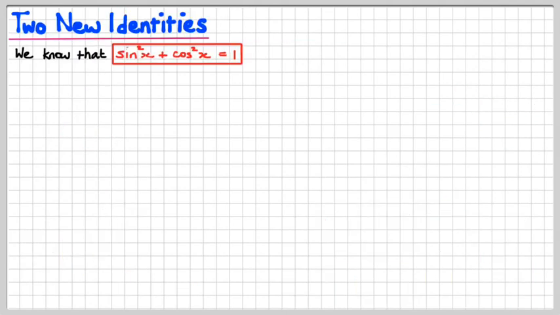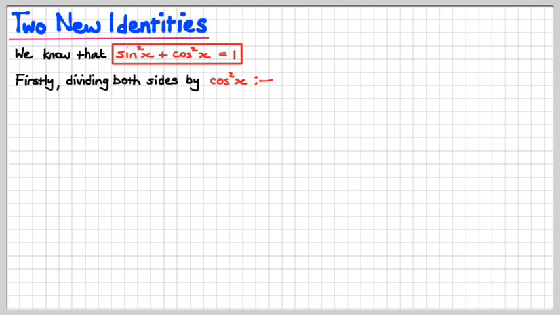Good. Now, 2 new identities for you today. Now this is very important, these are for specialist maths, exclusively for us. We know that sine squared x plus cos squared x equals 1. Well, I hope you know that. That's the fundamental, I call it the bread and butter theorem of trigonometry. It's so important. Now, we're going to massage that a bit.